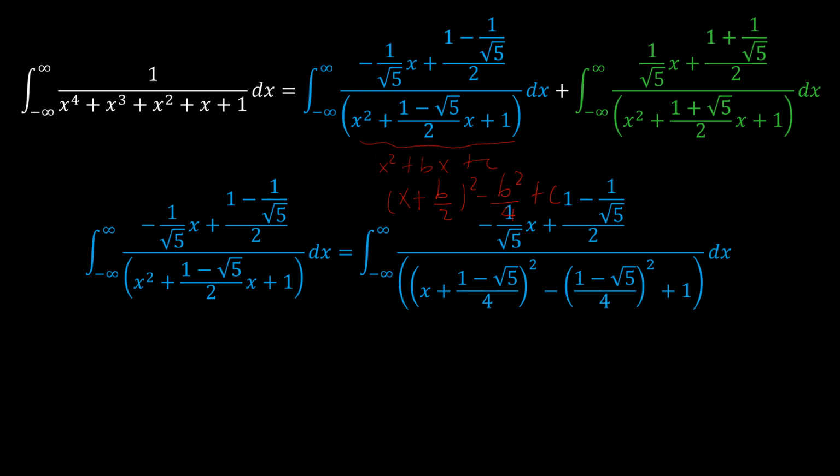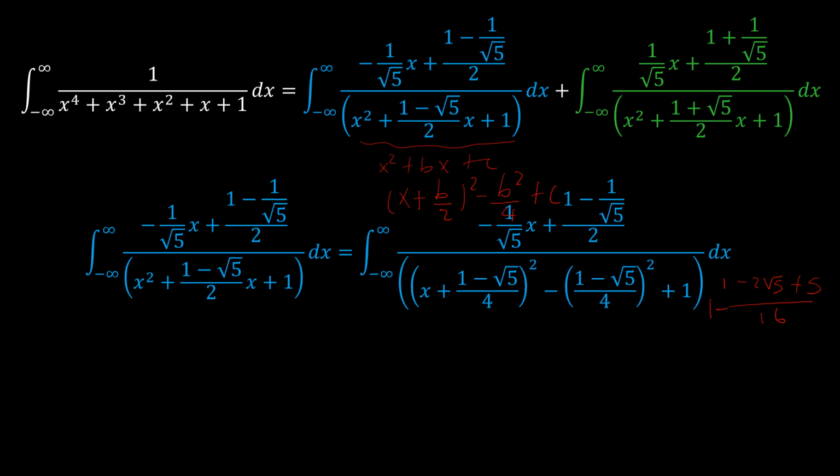Now 1 minus root 5 over 4 squared is the same as 1 minus 2 root 5 plus 5 over 16. But this is negative, so we have to subtract this from 1.